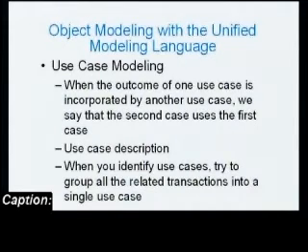When the outcome of one use case is incorporated by another use case, we say that the second case uses the first. This relationship is referred to as the includes relationship, sometimes as the uses relationship. UML indicates the relationship with an open arrow that points at the use case being used or included.